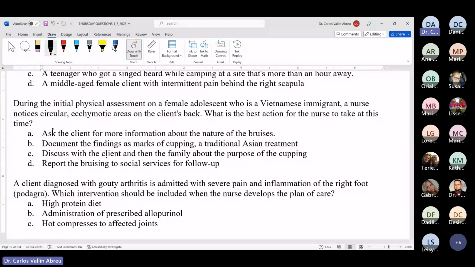Notice that you have cupping here and you have cupping here. So there is no big difference between B and C, they are very similar. That should make you suspect that if two options are so similar, neither should be the answer.